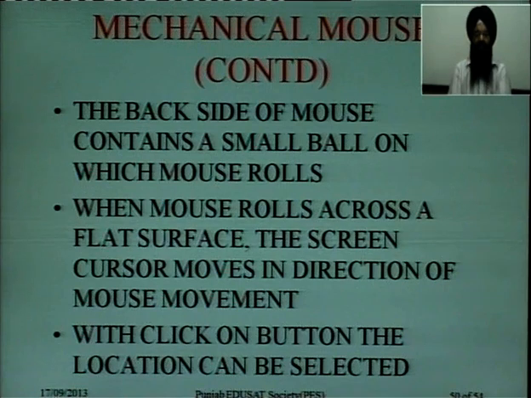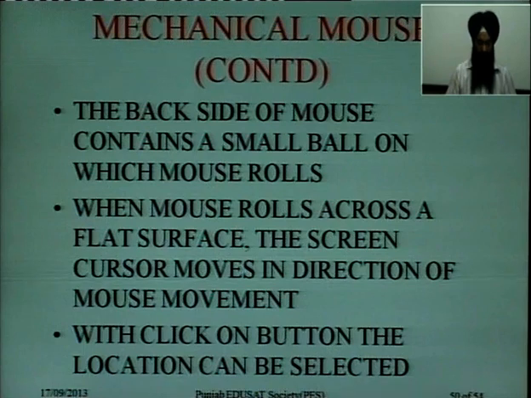By right click, as I have already discussed, a list comes up for various operations, and with the help of left click the operation can be selected or entered with this kind of mechanical mouse.